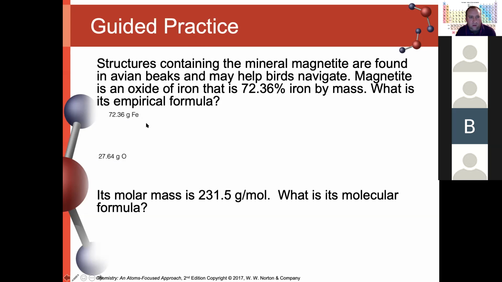Starting with these values, we're going to again convert them into moles, 55.85 grams in 1 mole of iron. And so 72.36 divided by 55.85 is 1.296.